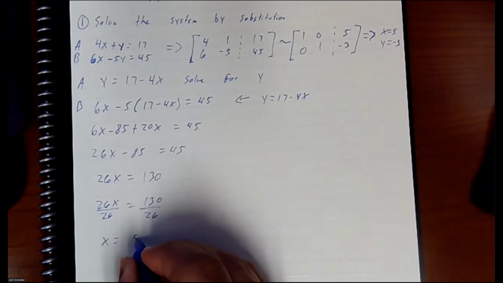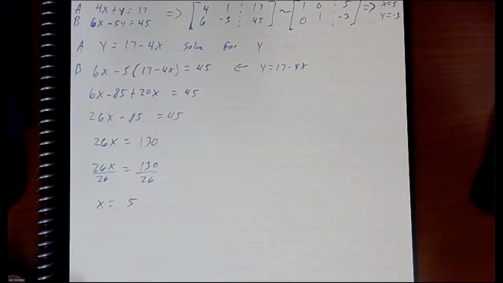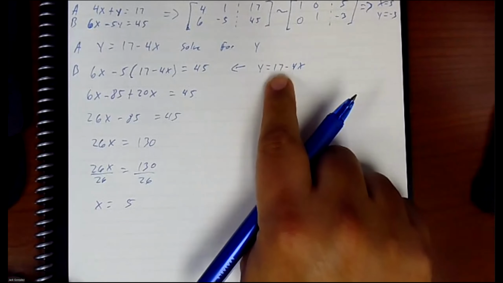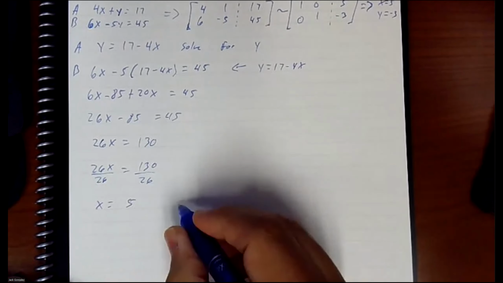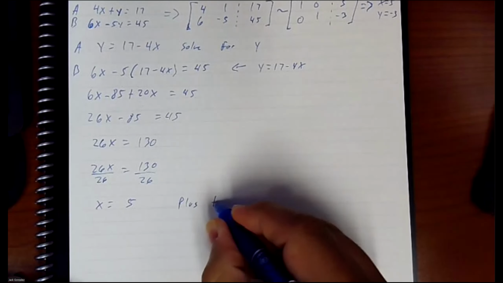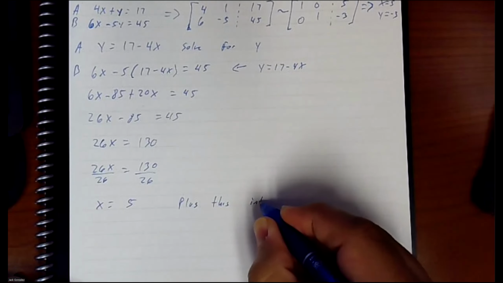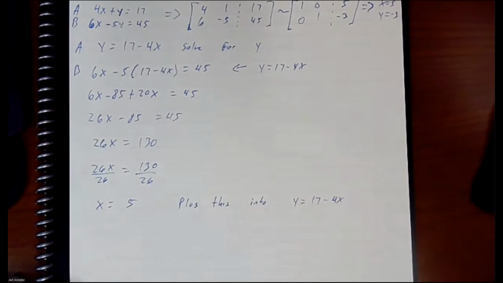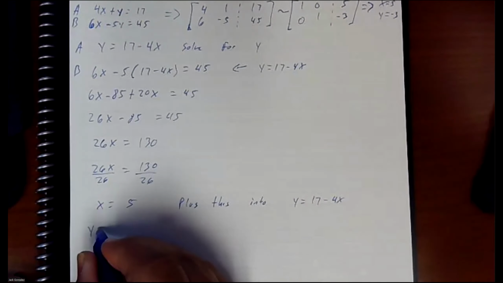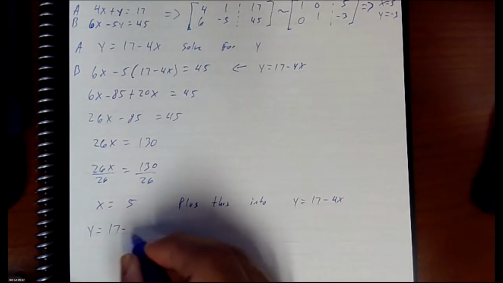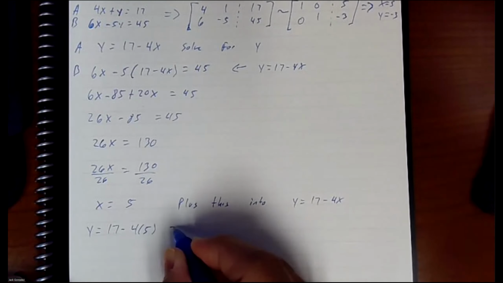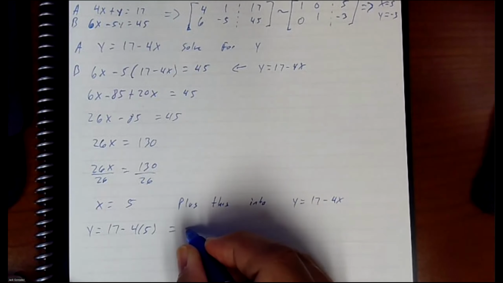X is equal to 5, which we already knew, right? Once you have this, plug it into here and you'll have y. So to solve for y, you're going to get y equal to 17 minus 4 times 5, which is going to equal -3.